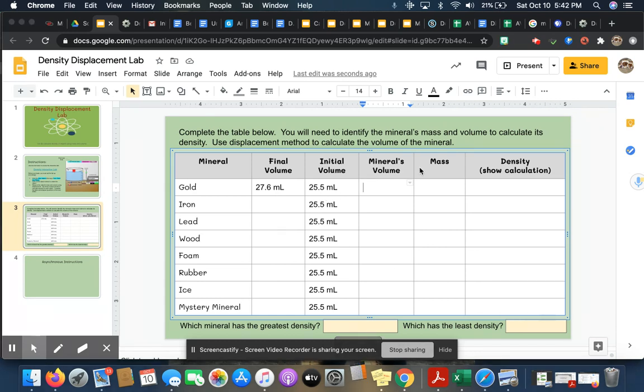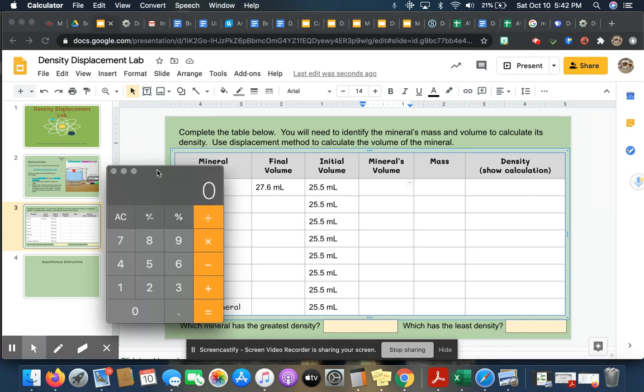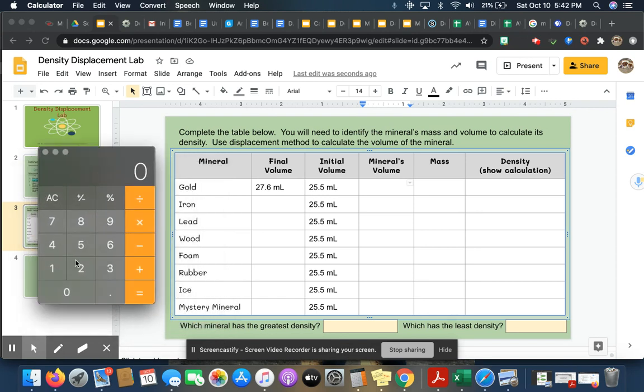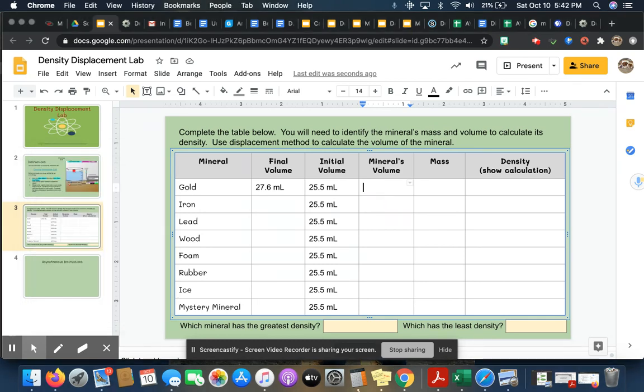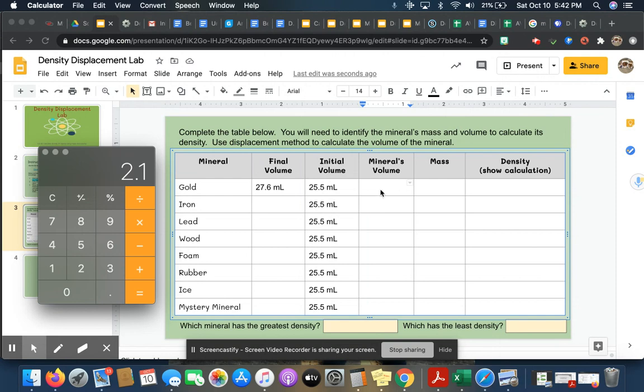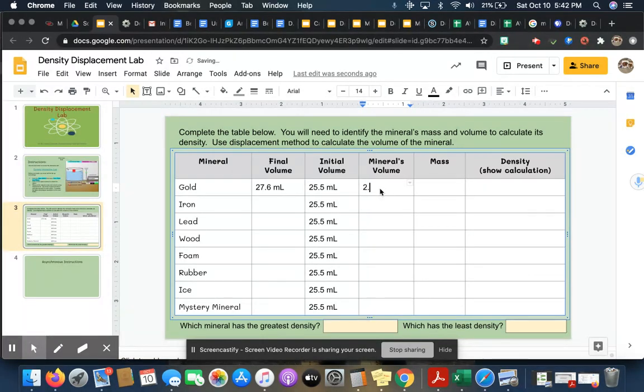So I'm going to open up my calculator. I'm going to use the one on my computer. 27.6 minus 25.5. And that tells me that my mineral's volume is 2.1, so 2.1 milliliters.